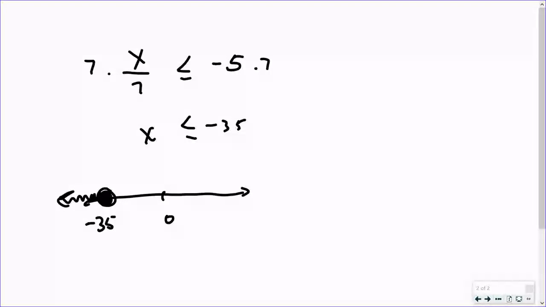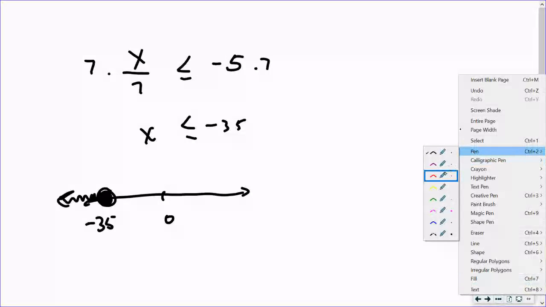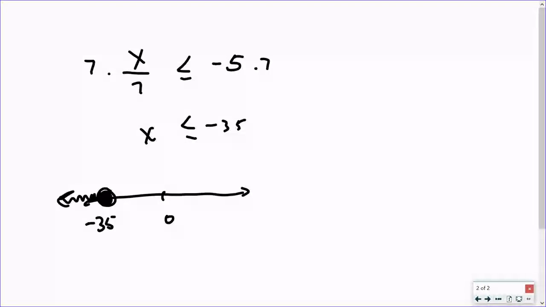Now let's take this very same problem, and let's just change it up a little bit and see how this answer is a little different. So x divided by negative 7 is less than or equal to negative 7. Now the only difference here is this negative sign. I'm going to do this problem the same way. I multiply both sides by negative 7.